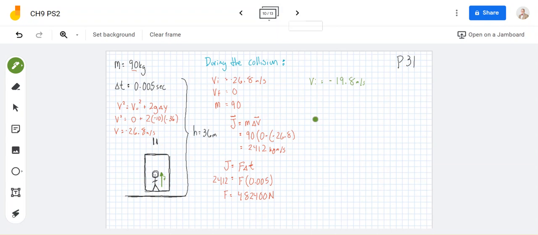So just do the same thing. Mass is still 90. This time the change in velocity is 19.8.